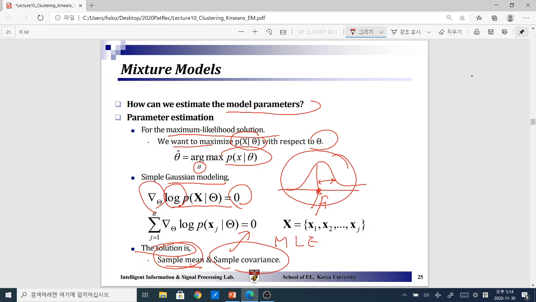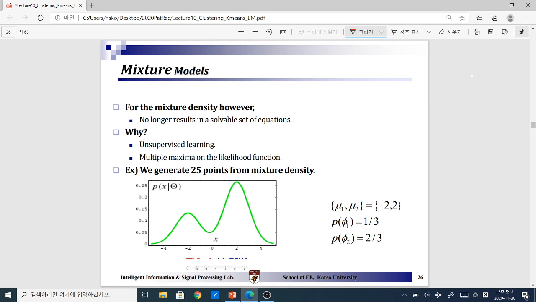These two can be estimated as long as you have this single Gaussian case. On the other hand, for the mixture density case, having a multimodal situation, solving MLE is no longer possible, because we are going to have multiple maxima on the likelihood function.